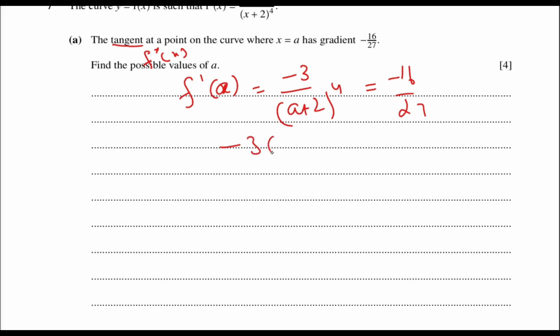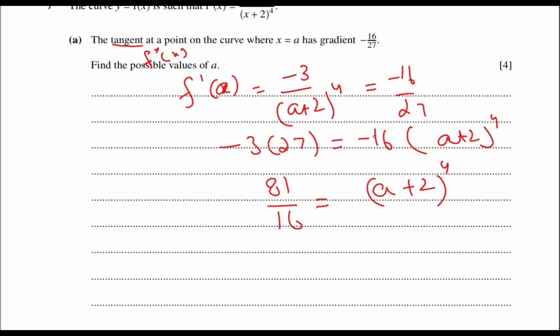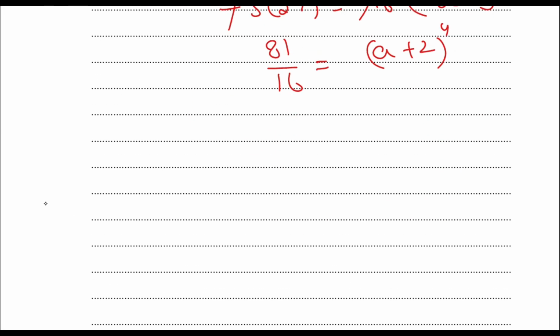So minus 3 multiplied by 27 and minus 16 multiplied by a plus 2 whole power 4. From here we will get 81 over 16, and it will be equal to a plus 2 whole power 4, as minus is cancelled out by minus. So now we have to take the fourth root. 81 over 16, we will take the fourth root, and here we will have a plus 2 to the power 4.